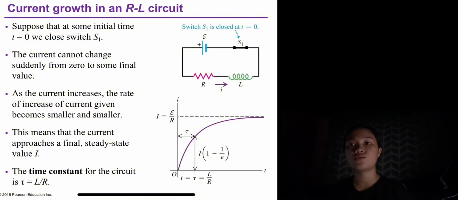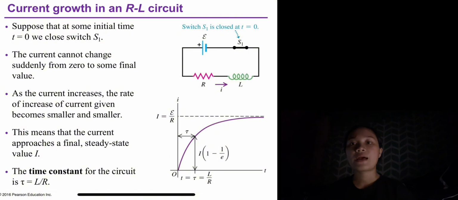So this induced EMF significantly reduces the net voltage that is driving the current, and as a result, the initial rate of current increase is small.